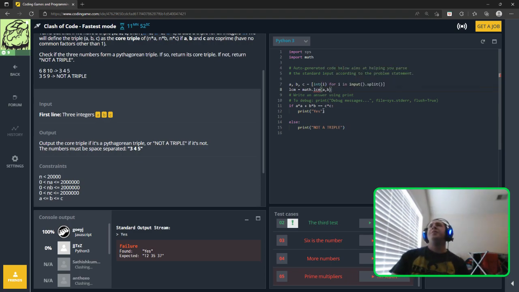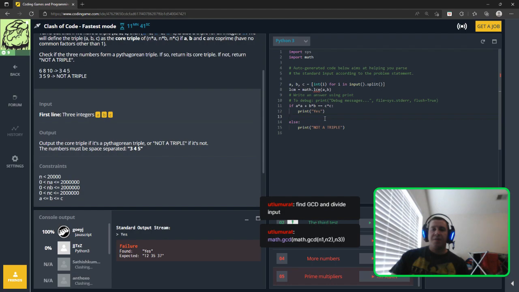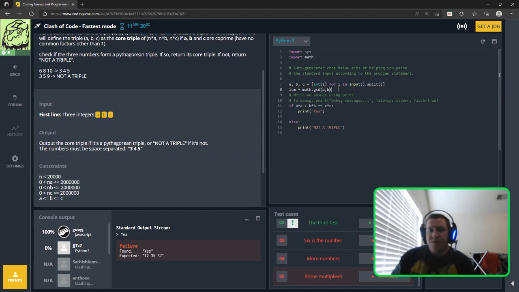I was running into this issue the other day. It's not a known member of the module. That would be the way to do it. Oh yeah, the GCD works. We do know that. So if we did the greatest common denominator, greatest common multiple, or denominator I think it is, then divide by input, you're saying? Let's see. Oh wow.